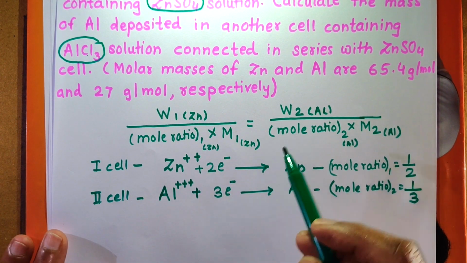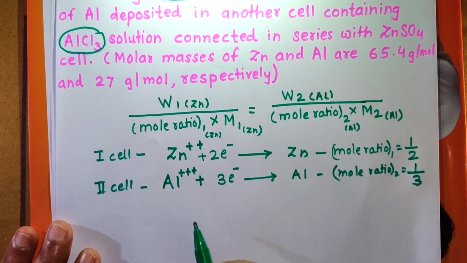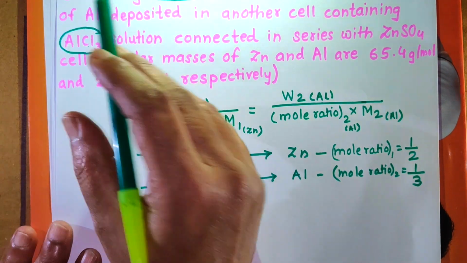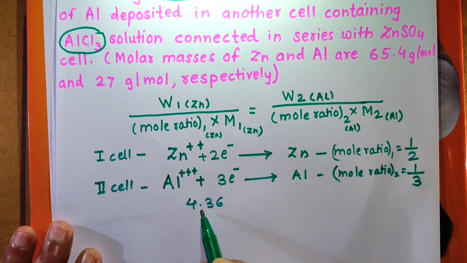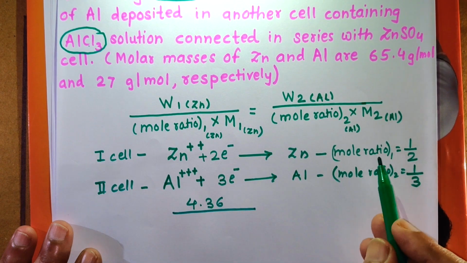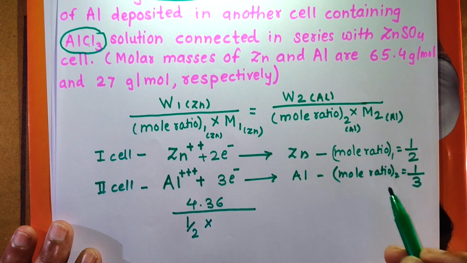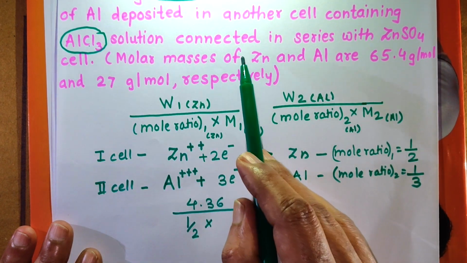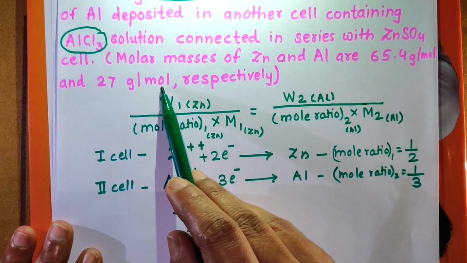W1 is given to you. You have to calculate W2. So we will substitute the values. W1, that is the mass of Zn, is equal to 4.36. So 4.36 divided by mole ratio 1, that is 1/2, into the molar mass of Zn. The molar mass of Zn and Al are 65.4 and 27 gram per mole respectively.